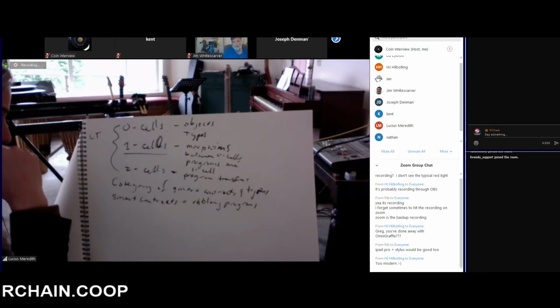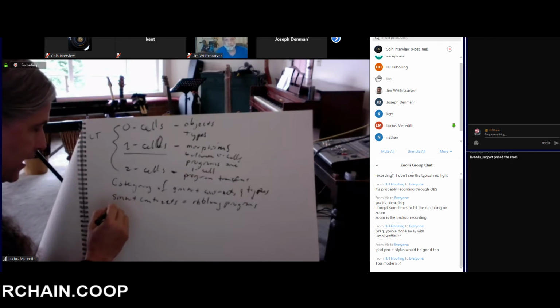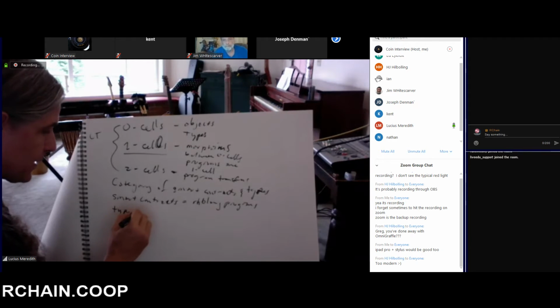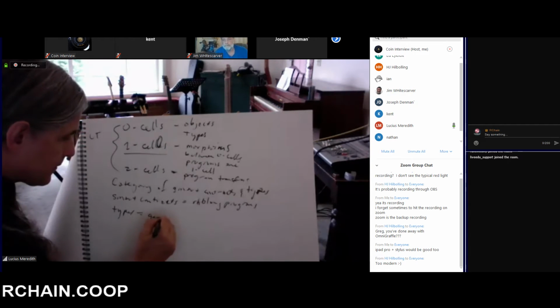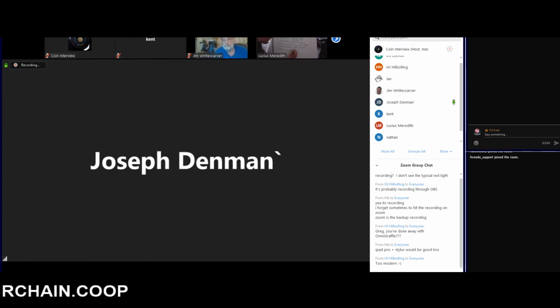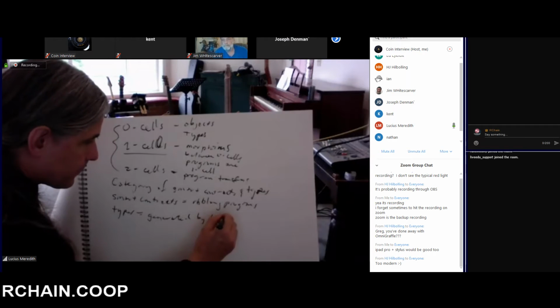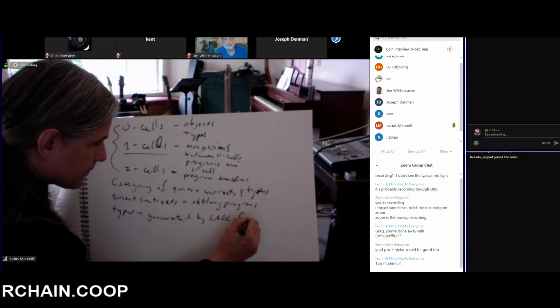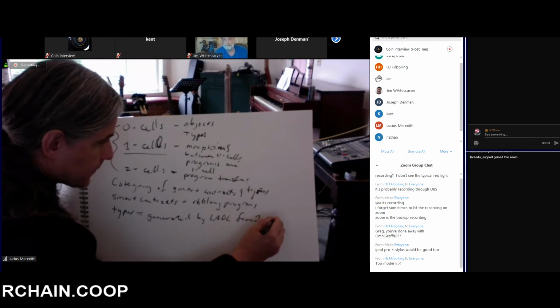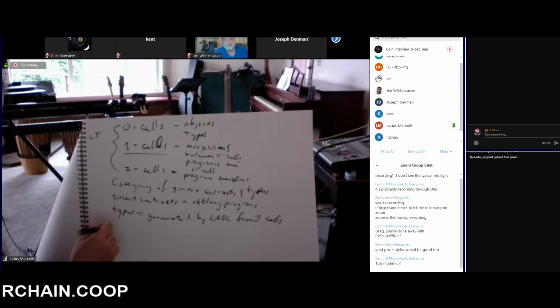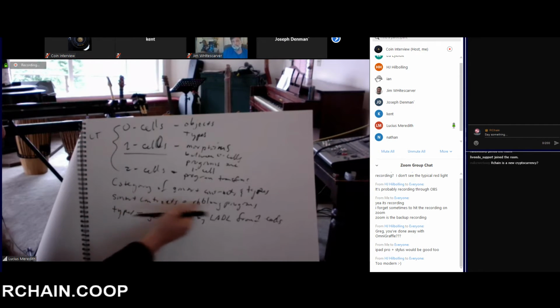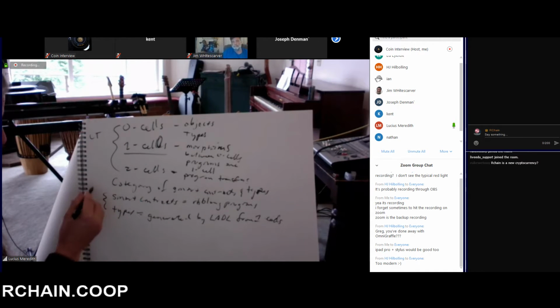And our types, which are the zero cells, are generated from one cells by Ladle. And then there's a special kind of composition which derives from our Rholang semantics.